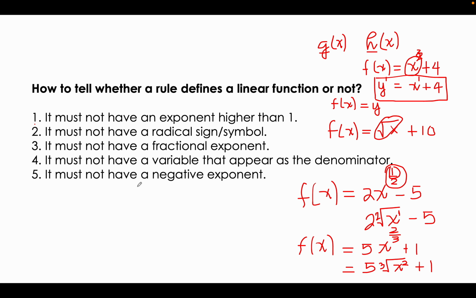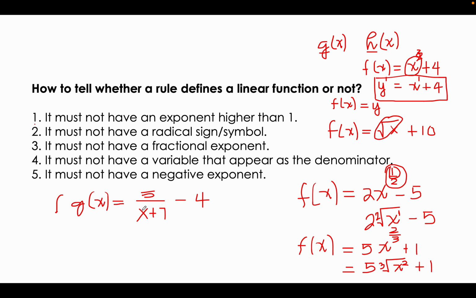It must not have a variable that appears as the denominator. Okay, so for example, we have here, let's use g of x. g of x equals, let's say we have 5 over x plus 7 and then minus 4.